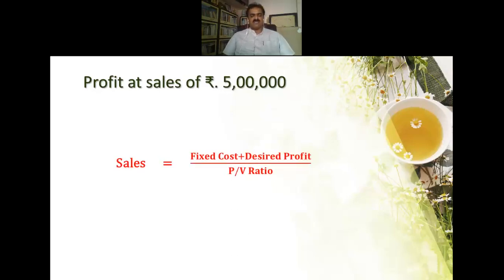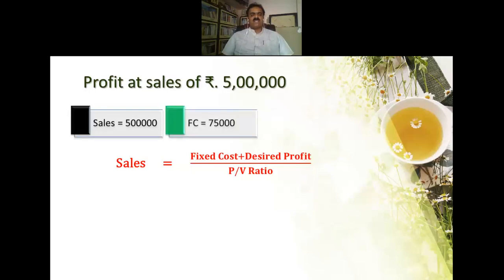There are other ways also. Sales equals fixed cost plus desired profit divided by PV ratio. That means your fixed cost is 75,000. The estimated sales is 5 lakh rupees, and your desired profit, let us assume it is X, and your PV ratio is 30%.